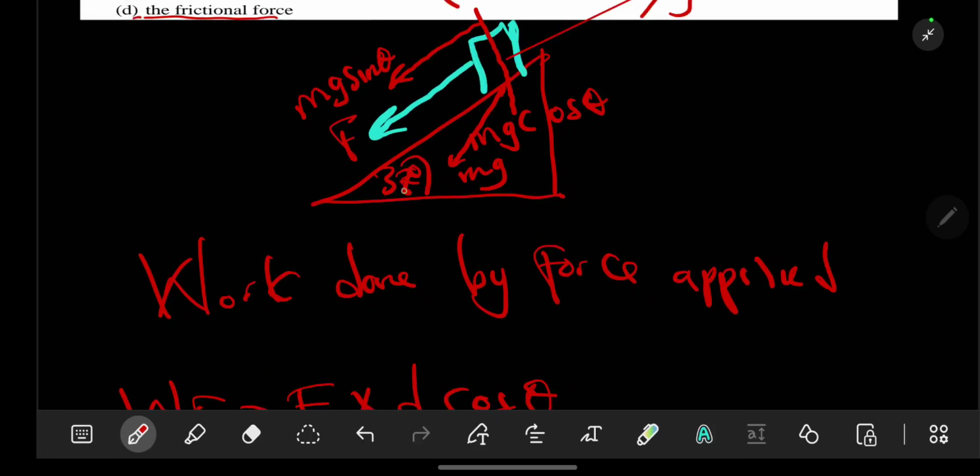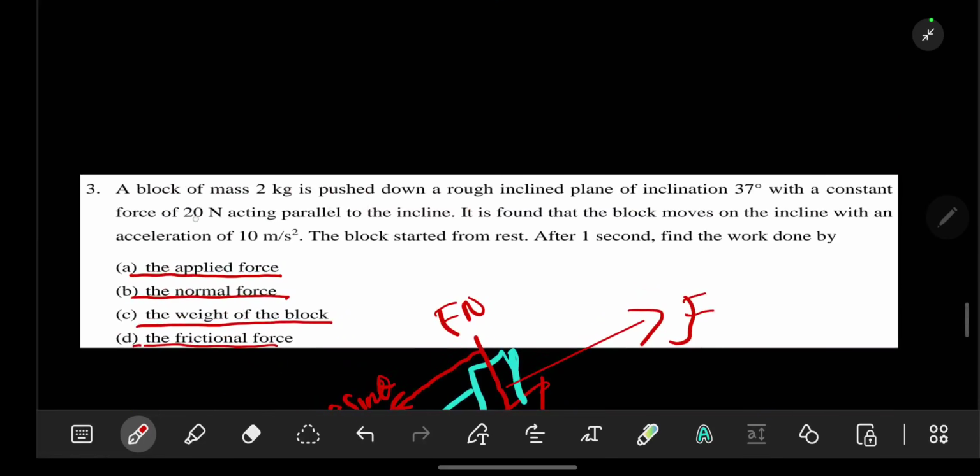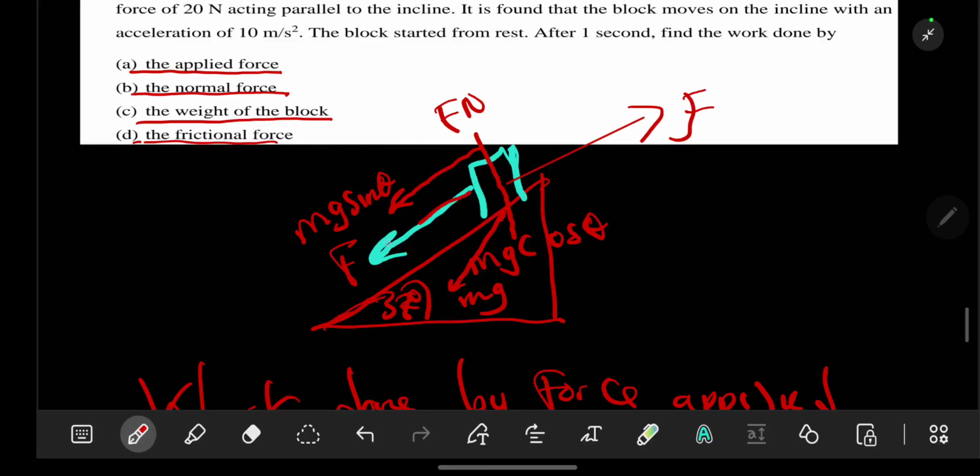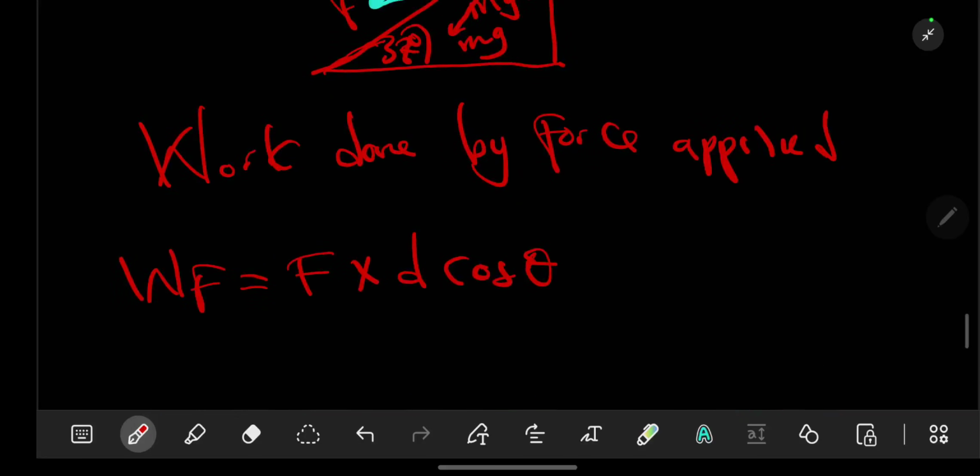It is associated with the relationship between how it's moving and the angle. We are told it is pulled with a constant force of 20 newtons acting parallel to the incline. If it is parallel, the angle between that force and the incline is 0.